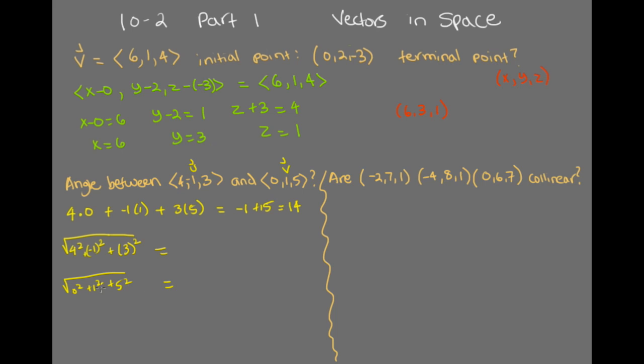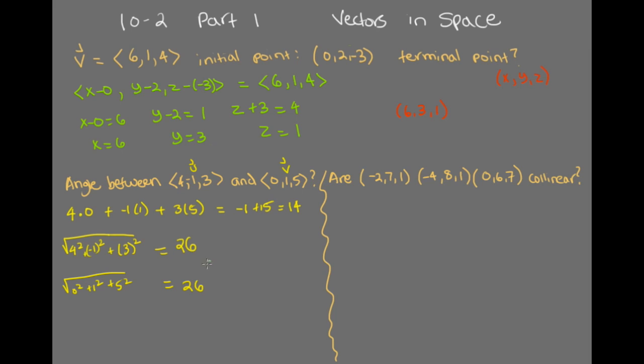This is equal to 9 plus 1 plus 16, which is 26. The other is 0 plus 1 plus 25, which is equal to 26 as well. Now we have to remember that negative 1 squared is going to equal positive 1, not negative 1. So make sure that even though the coordinate is negative, we're still going to be adding a positive value because we're squaring that term. So now we plug it into our formula.